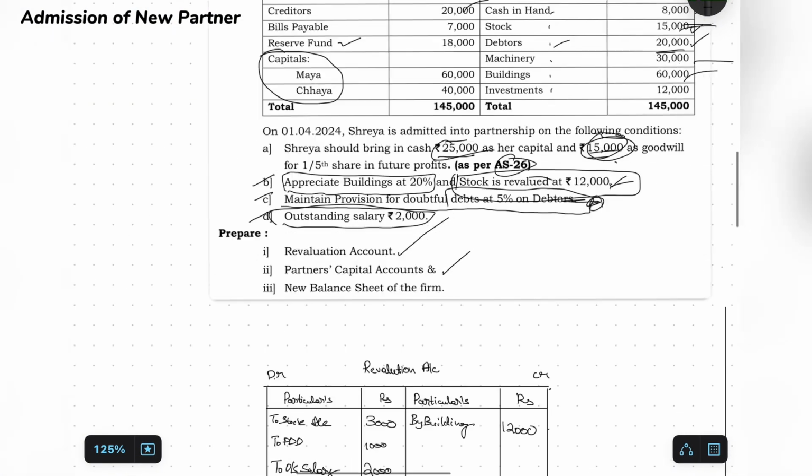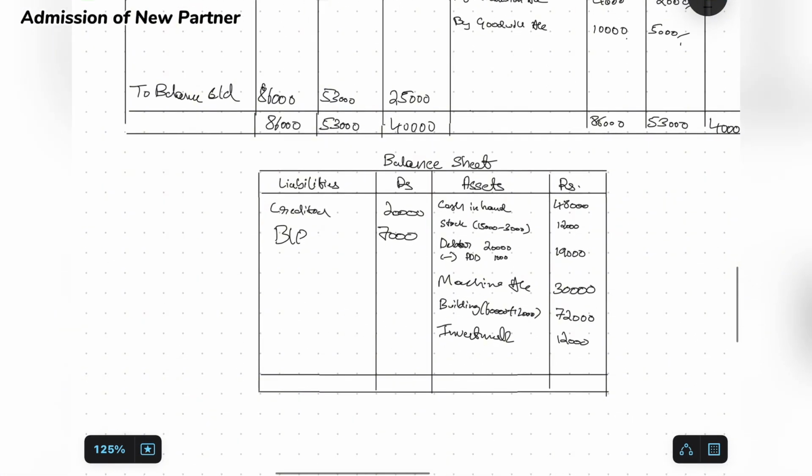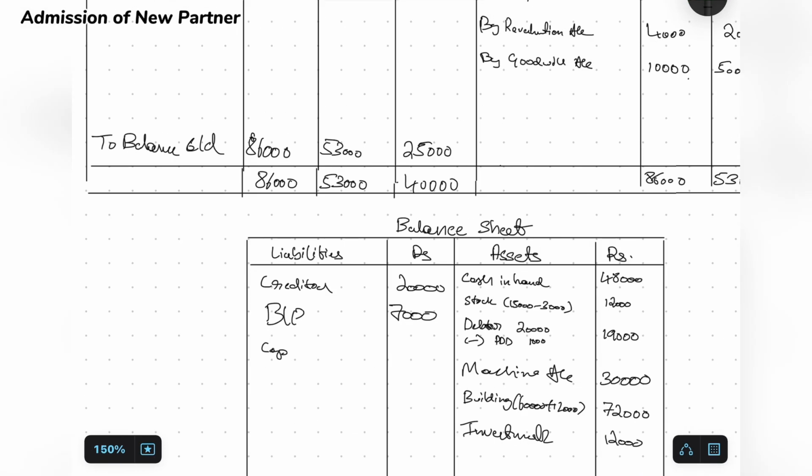We'll come to the last item, that is the capital balances of the partners. We have three partners, Maya, Chaya and Shreya.